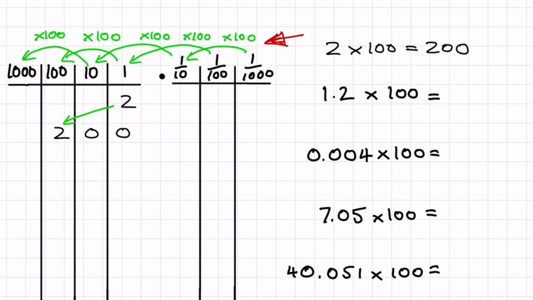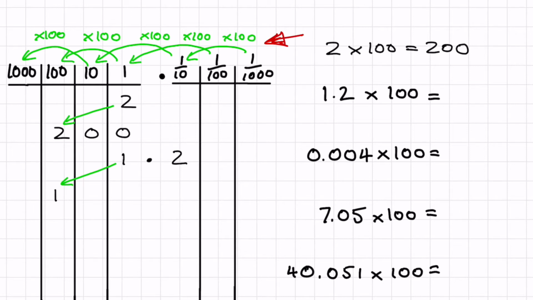So when we're looking at, for example, 1.2 multiplied by 100. So there's 1.2. The digits in that number are going to move 2 columns to the left. So the 1, which is currently in the units column, is going to end up in the hundreds column.